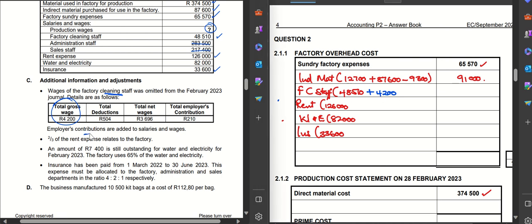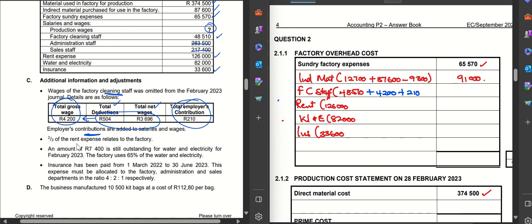And the contributions. So total contributions are 210. I'm going to come and say plus 210. So if you're given the deductions plus the net, you should have added these two to get the gross. So always remember, we add the gross and the contributions.